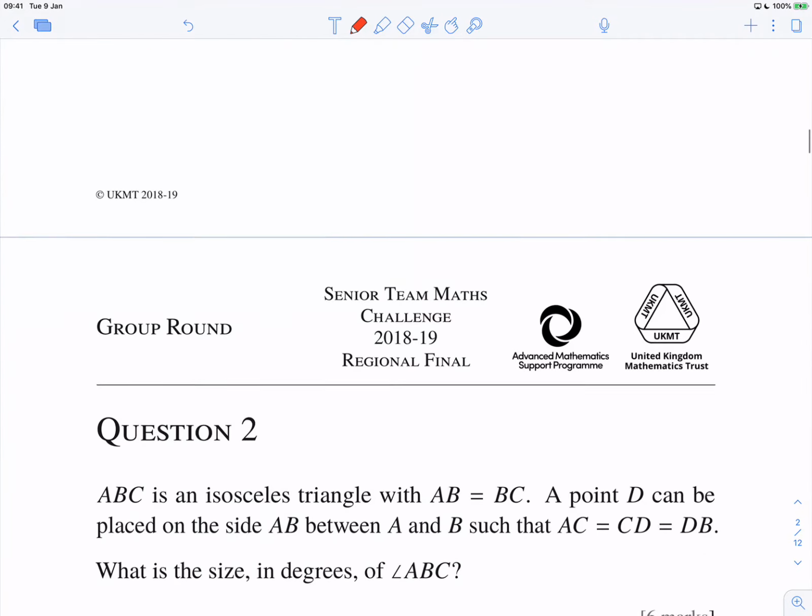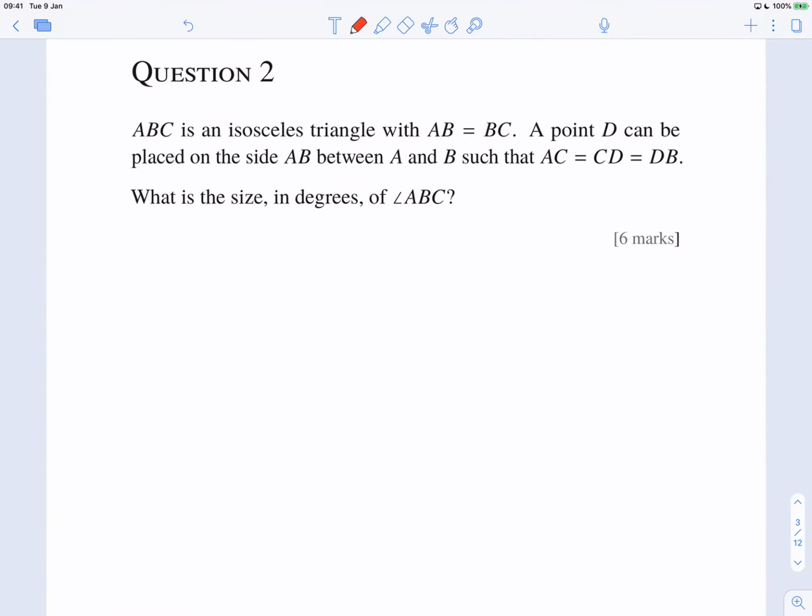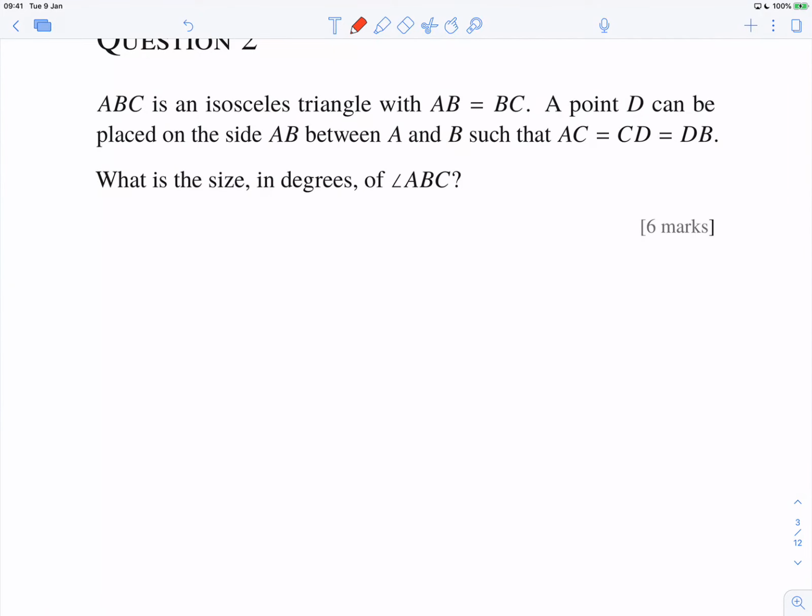Okay. Next question. ABC is an isosceles triangle with AB equaling BC. Okay, so let's just do it in one. Something like that, where this is A, B is equaling to BC, like so. A point D can be placed on the side AB.